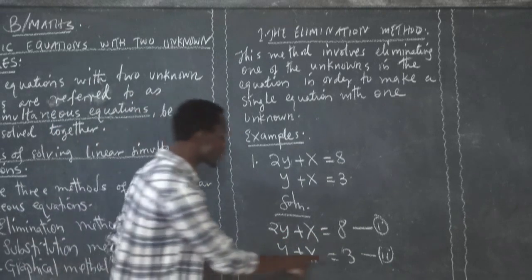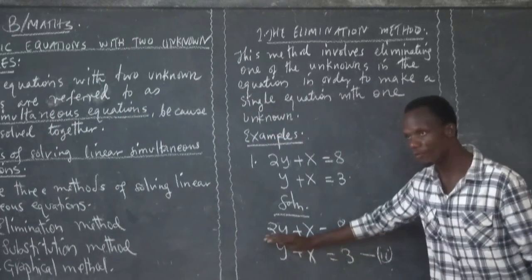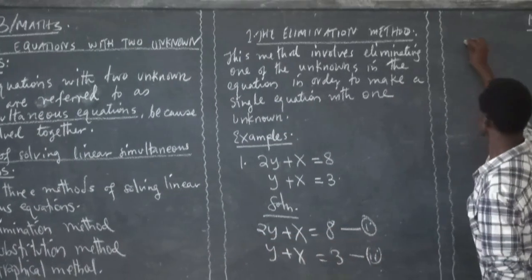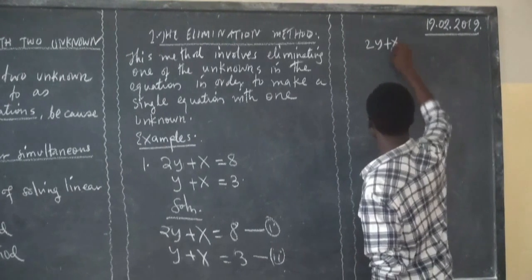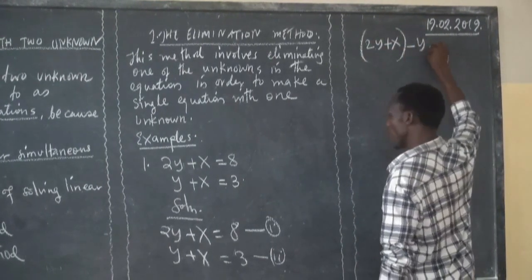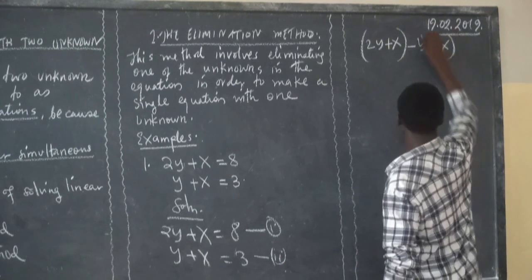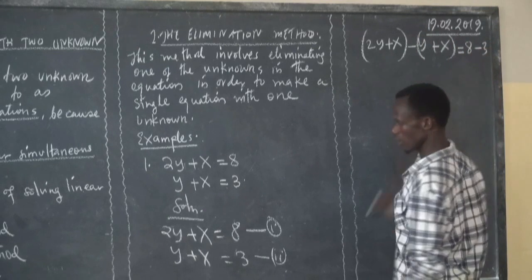So subtracting the second equation from the first equation means that on the left side we have 2y plus x minus the second equation, y plus x. This is equal to 8 minus 3.